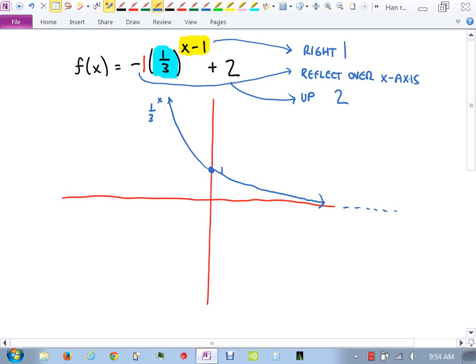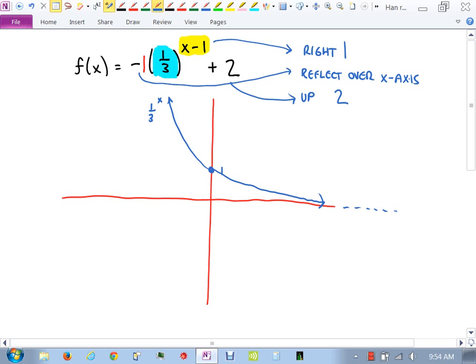You'll have to recall that when you put a negative out in front of your function, that always reflects it over the x-axis. Do you remember that or not?